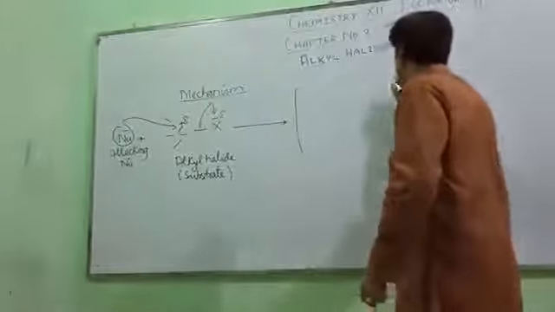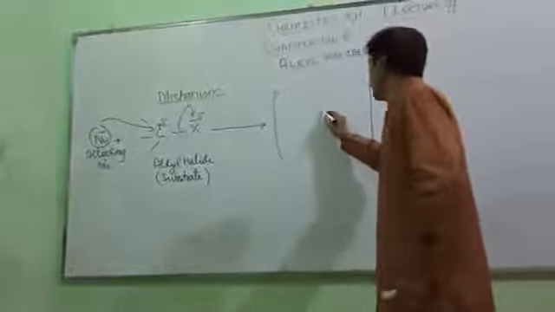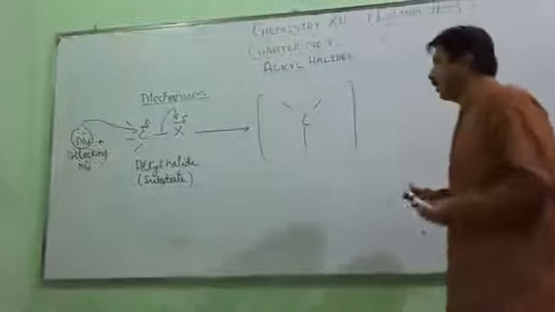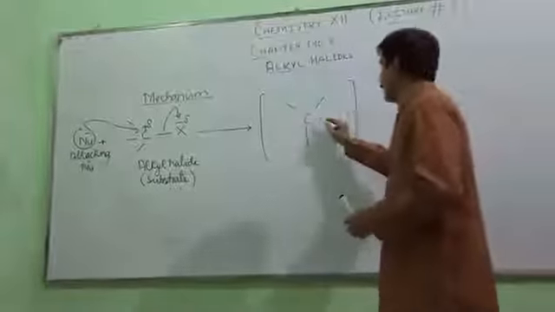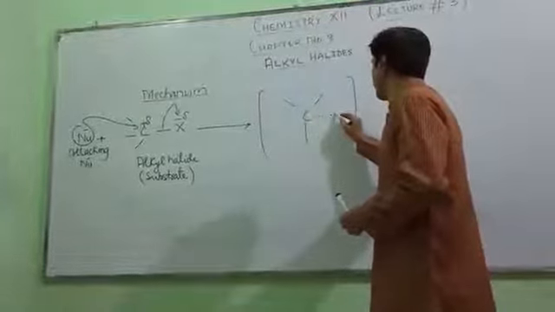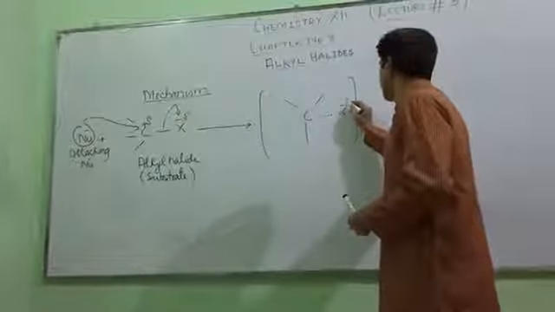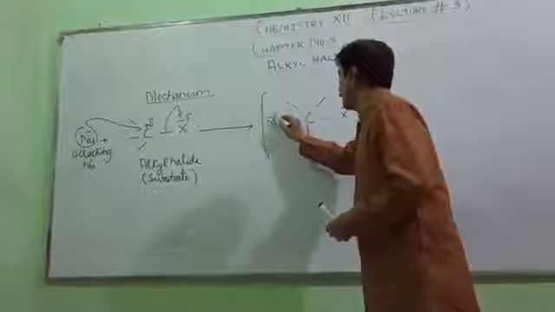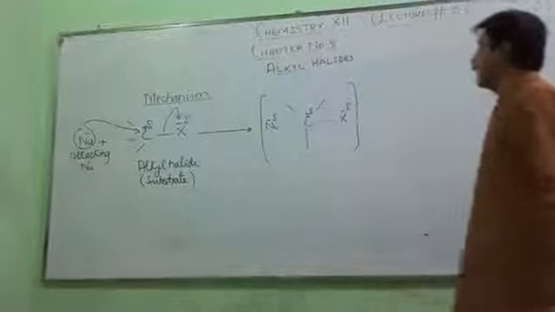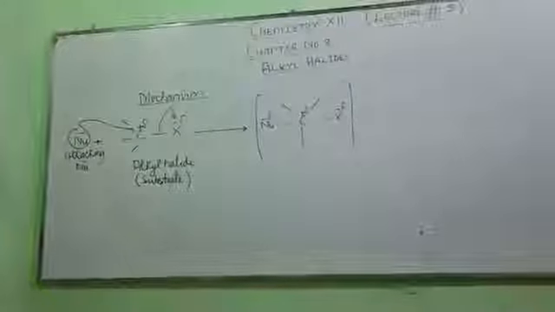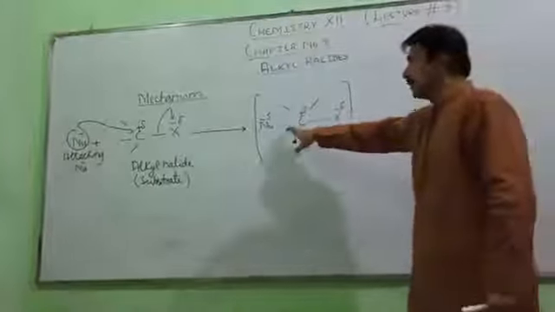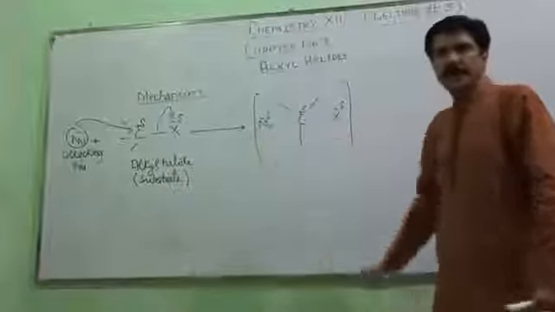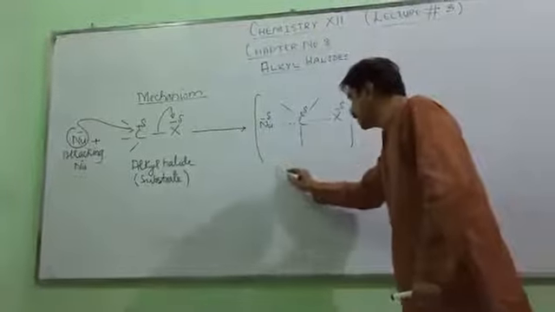Now the transition state will be obtained, where three bonds of carbon are shown intact, while the fourth valency of carbon will be distributed in such a way that the bond between carbon and halogen atom is shown half broken by means of a dotted line, and the bond between carbon and the attacking nucleophile is shown half formed by means of a dotted line. This is the transition state.